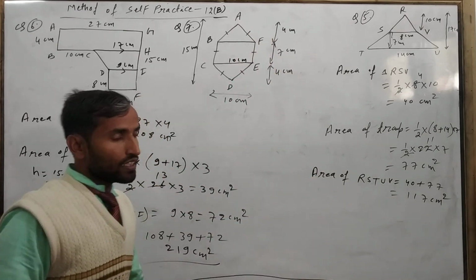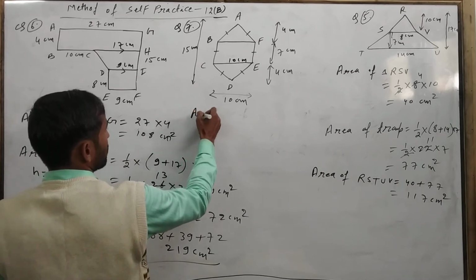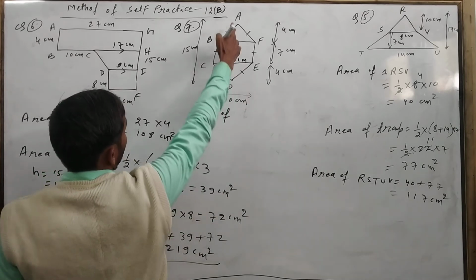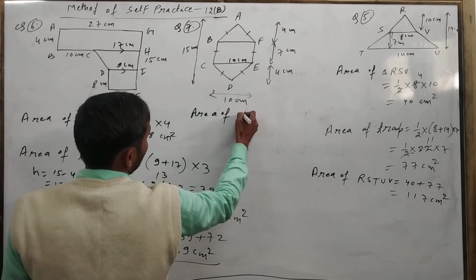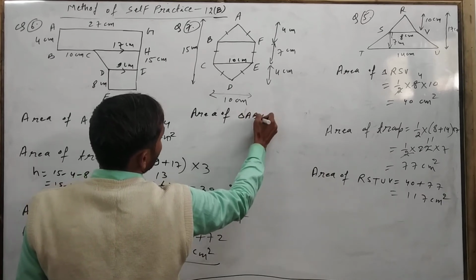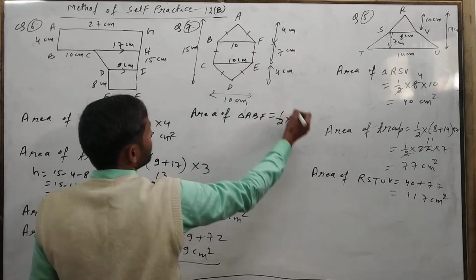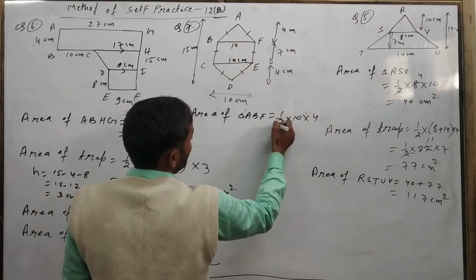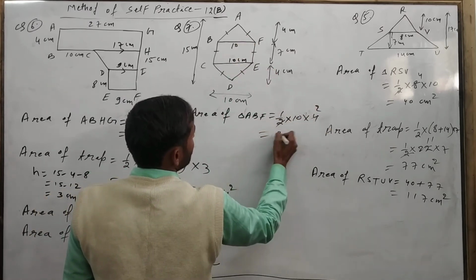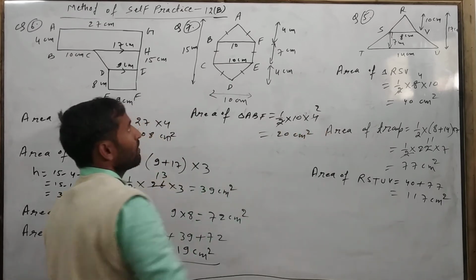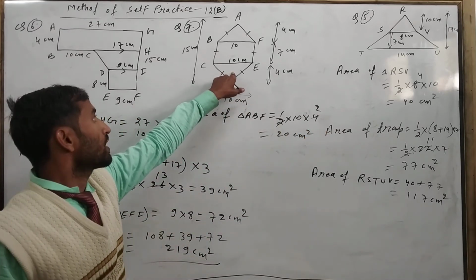So we can easily find the area of the triangle first. Area of triangle ABF is equal to half into base 10, and height is 4. Cancel out 2. So it will come 20 centimeter square. The same area will come for the triangle below also.